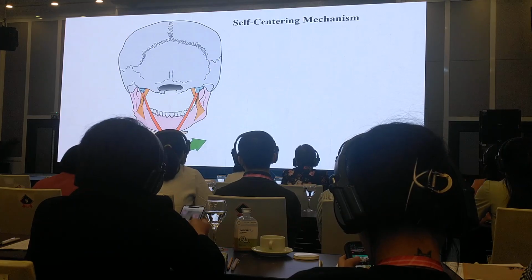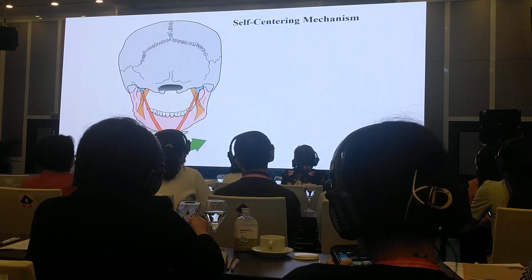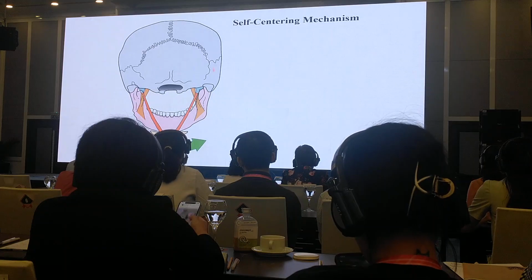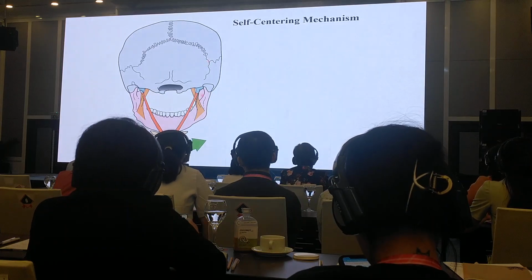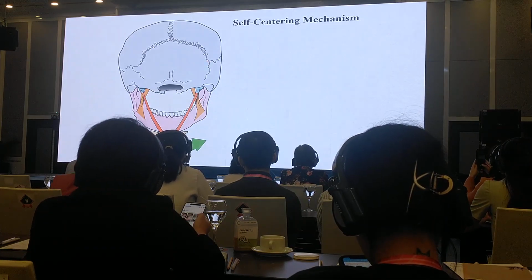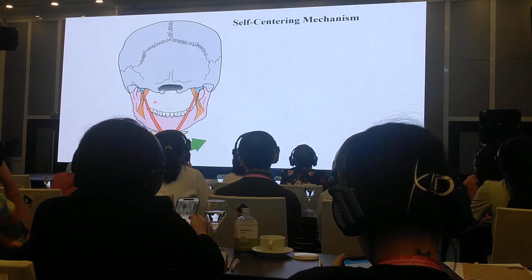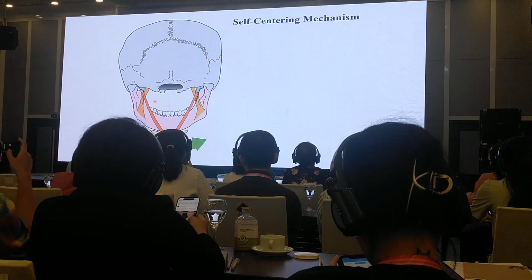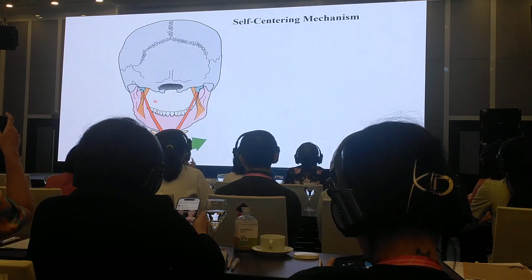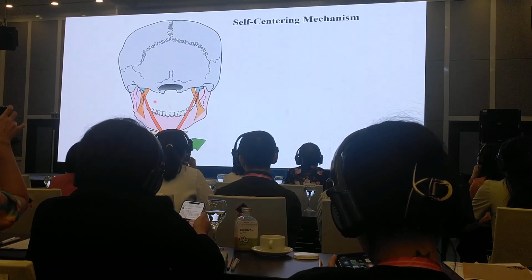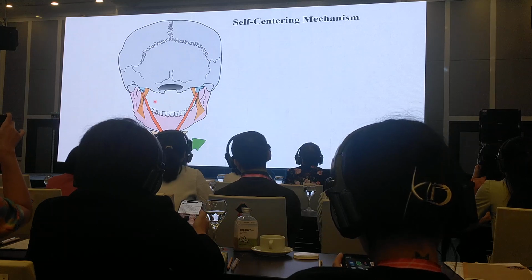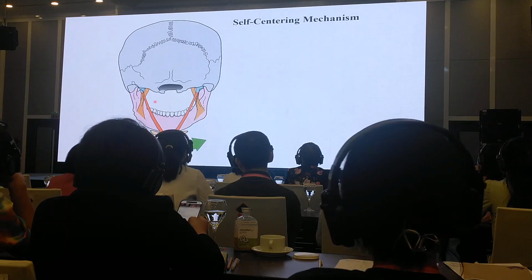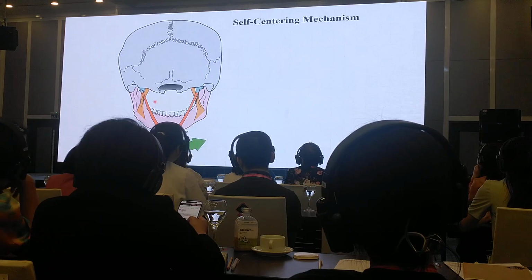The mandible is hanging from the cranial bone. Usually, this ligamentous system is hanging. Therefore, we have a self-centering mechanism. If you don't have any muscle system, the mandible is in a neutral position.